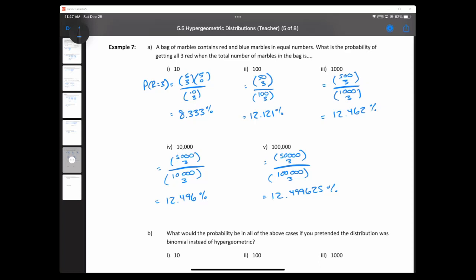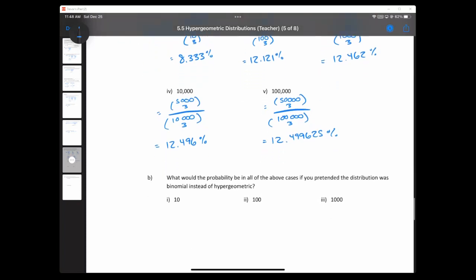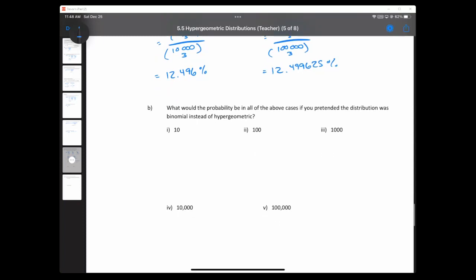So if we did this using a binomial distribution, we pretend it's binomial. The probability that red would equal 3, if we're drawing 3 marbles, would be 3 choose 3, times the probability of success, which is 1/2 to the exponent 3, times the probability of failure, which is 1/2 to the exponent 0.